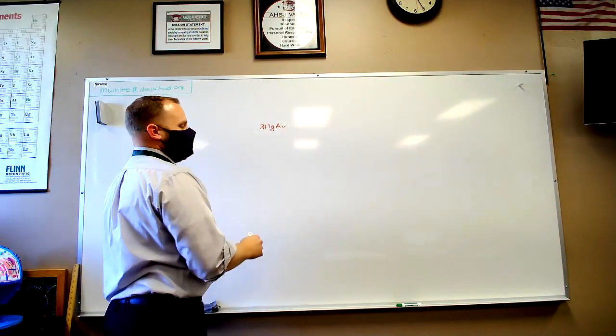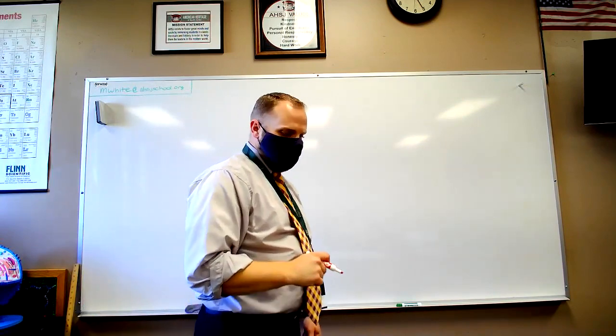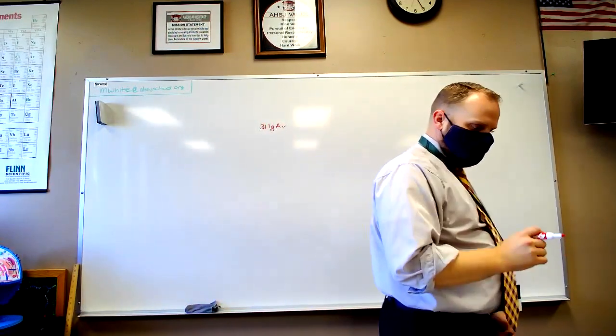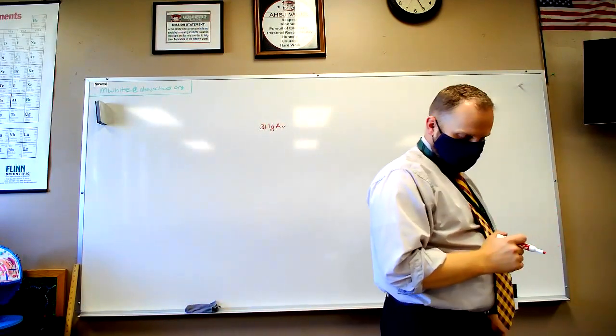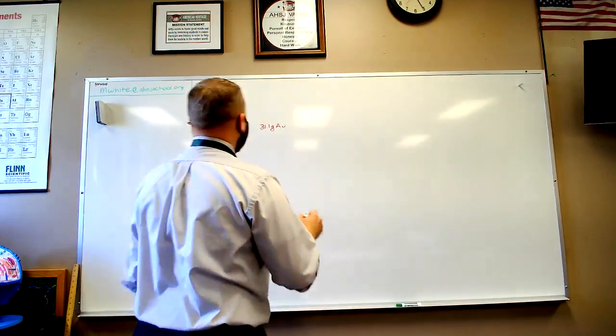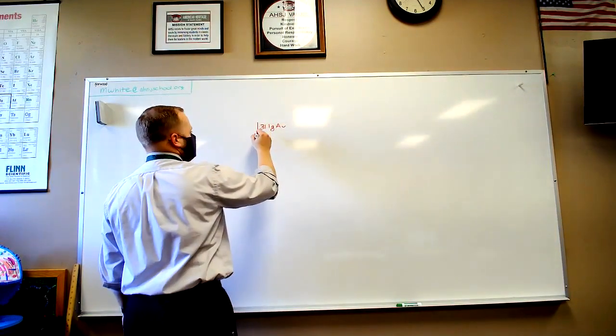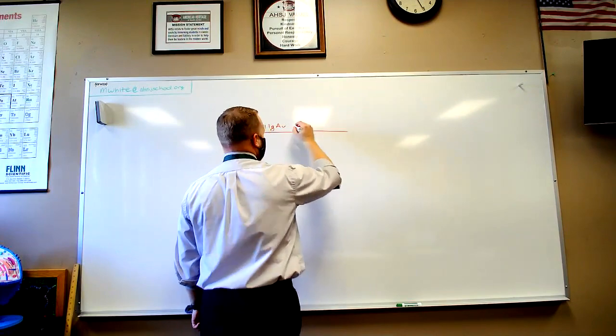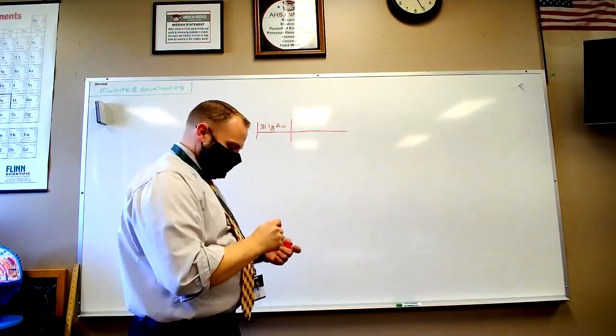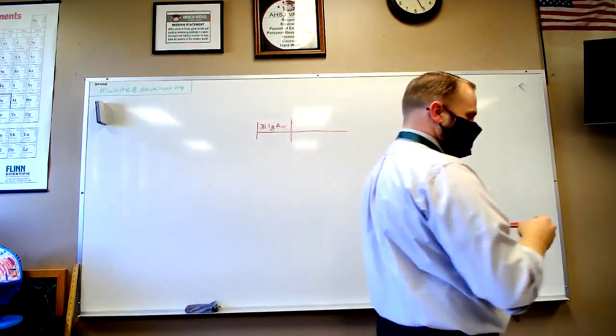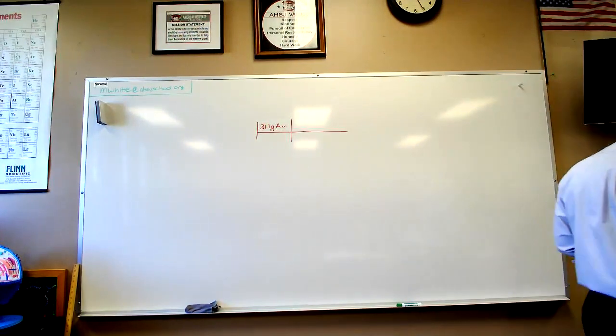So we start with what we know. We know we have 31.1 grams of gold. Now we want to go from grams to atoms.